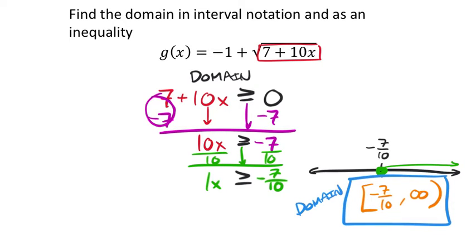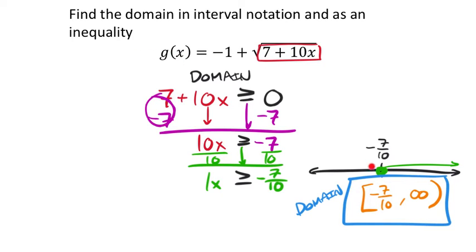Now, here's what the domain is also communicating to us, is that if you replace x with -7/10, you can find a value that works there. That would be real. If you did anything more than that as well, all the way to infinity, you would still get a value that works, and you could solve for this g of whatever your x is.